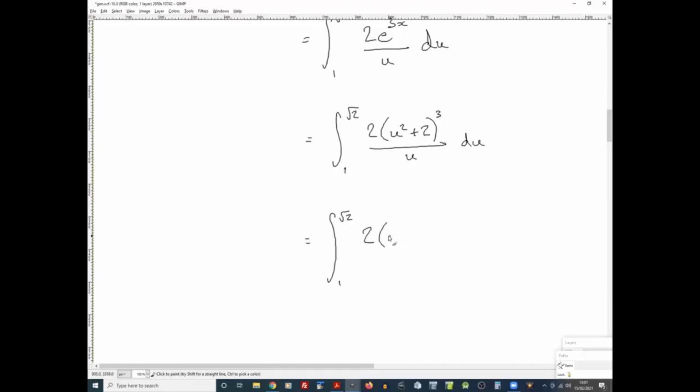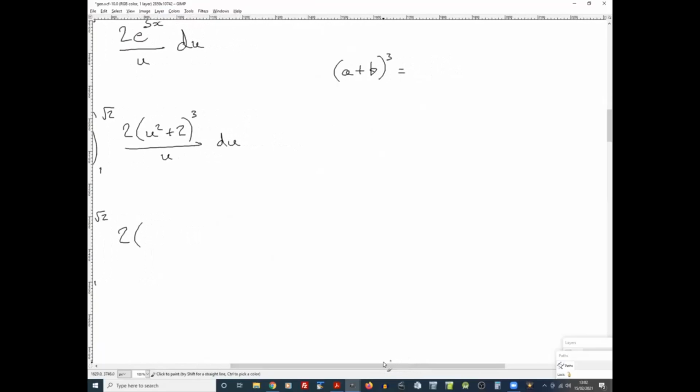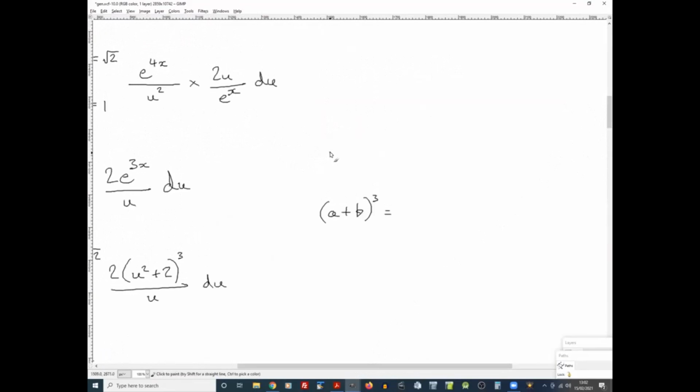U. By the way, to make it slightly less tedious than necessary, shall we recall how a plus b cubed expands? Remind me first how a plus b, all squared, expands. A squared plus 2ab plus b squared.